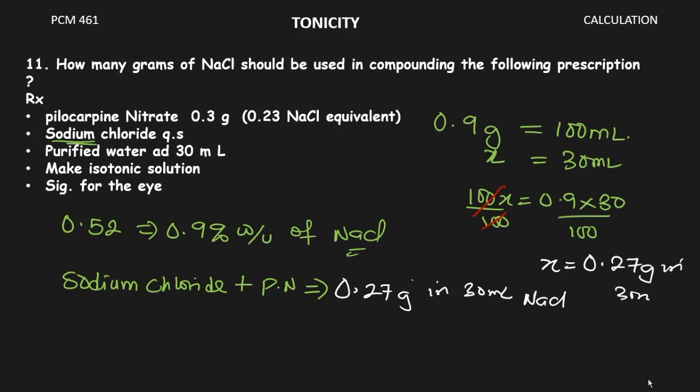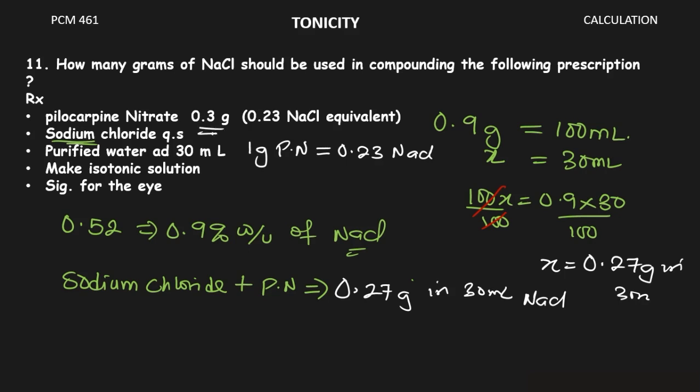But in this case, if you look at this question, it gives the gram equivalent to be 0.23. If it is not given, parameters for calculating it will be given in the exam. So it means 1 gram of pilocarpine nitrate is equal to 0.23 sodium chloride. Therefore, what you are looking for now is not substituting 1 gram in.